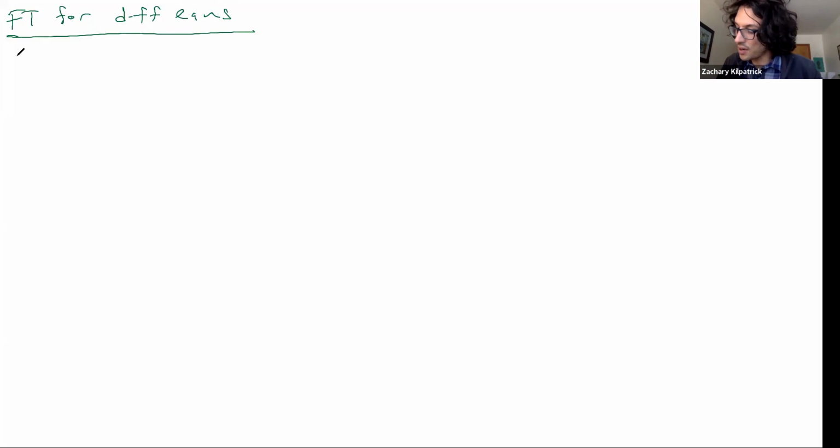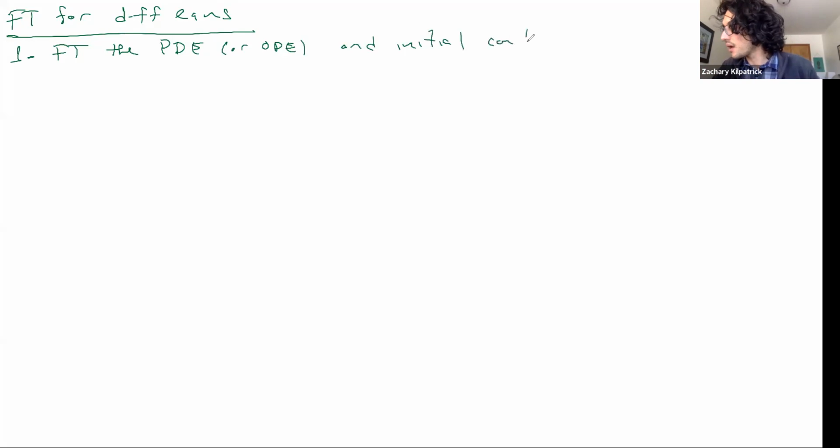So the step-by-step process is, first, we want to Fourier transform the PDE, or it could be ODE, and initial conditions.